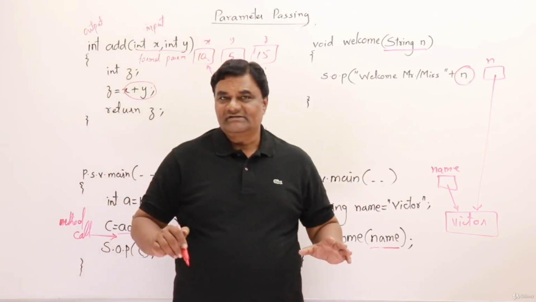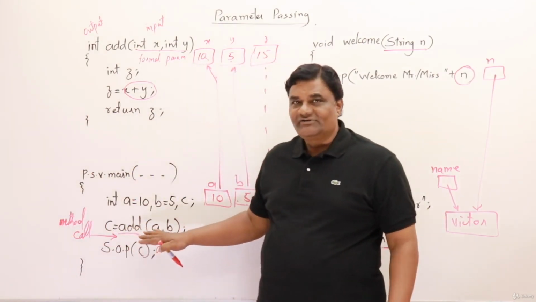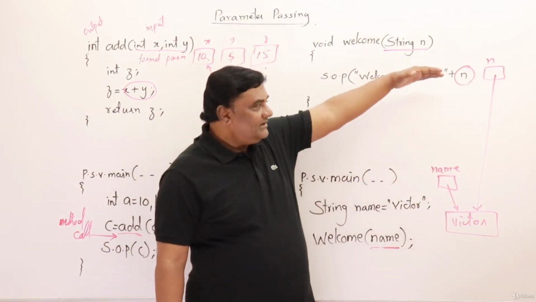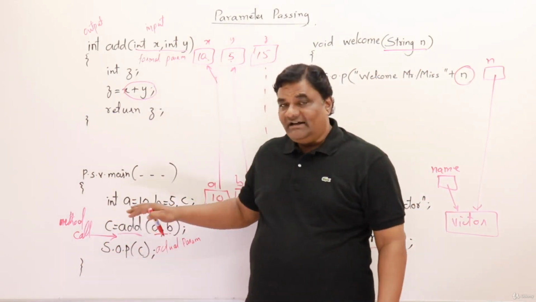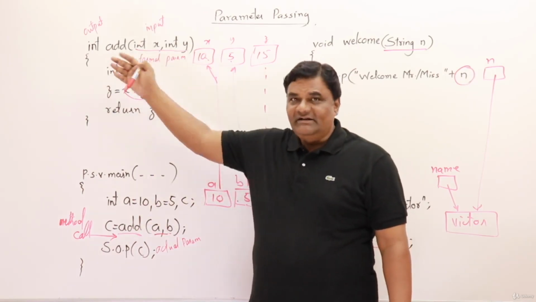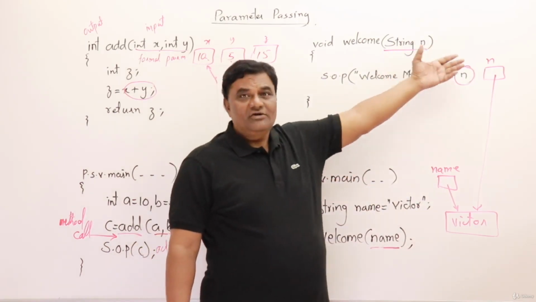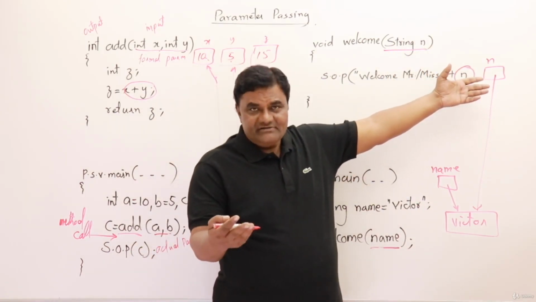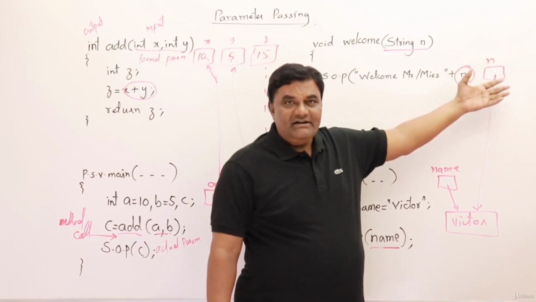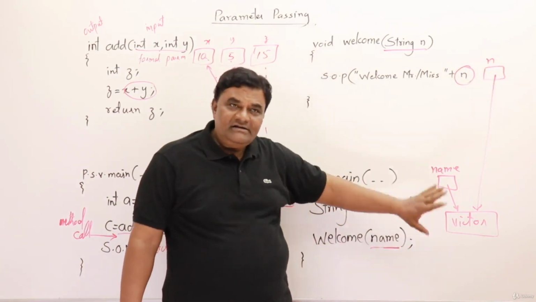So the conclusion is, in both the cases, the contents of actual parameters are copied in formal. But here that was a value, data is copied. So that same data is used. Here it was a reference. So the reference is copied. So let us say address, right? Address of this object. So it is copied, but it is not having its own object. It is using the same object, and contents are copied.